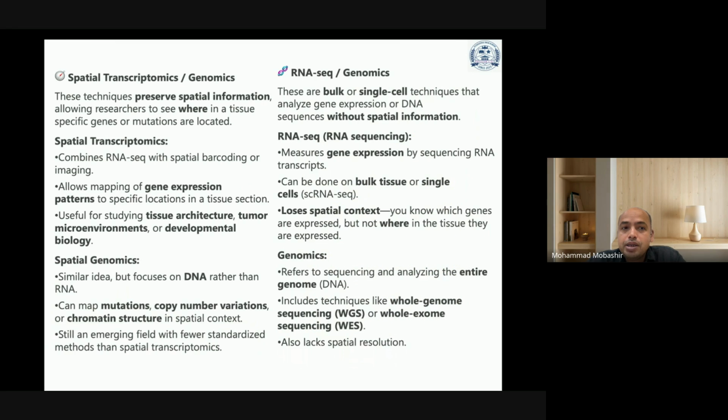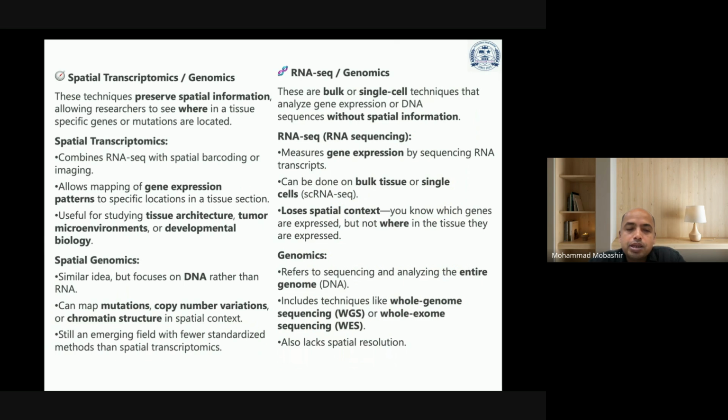For example, spatial transcriptomics combines RNA-seq with spatial barcoding or imaging. It allows mapping of gene expression patterns to a specific location in a tissue section, and it is useful for studying tissue architecture, tumor microenvironments, or developmental biology.